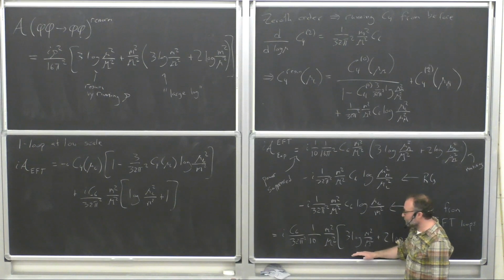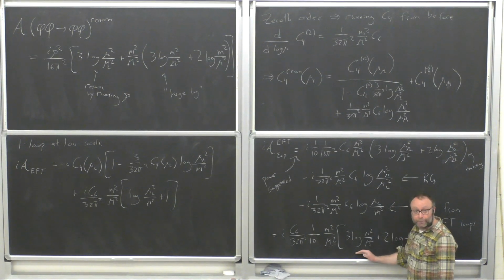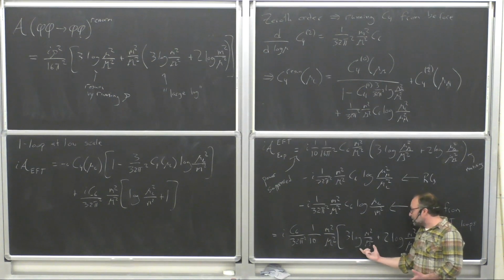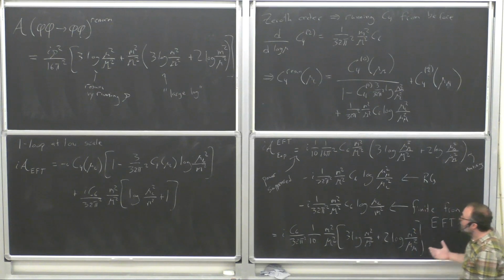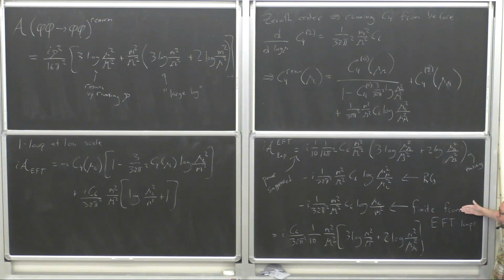This is explicitly an example that does it. So the full theory result, which we must reproduce when we expand everything out and compute to fixed order, has this potentially large log in it, right? But the scale separation is taking this calculation and separating it into these three pieces. One from matching, one from running, one from computing loops in the EFT at the low scale.